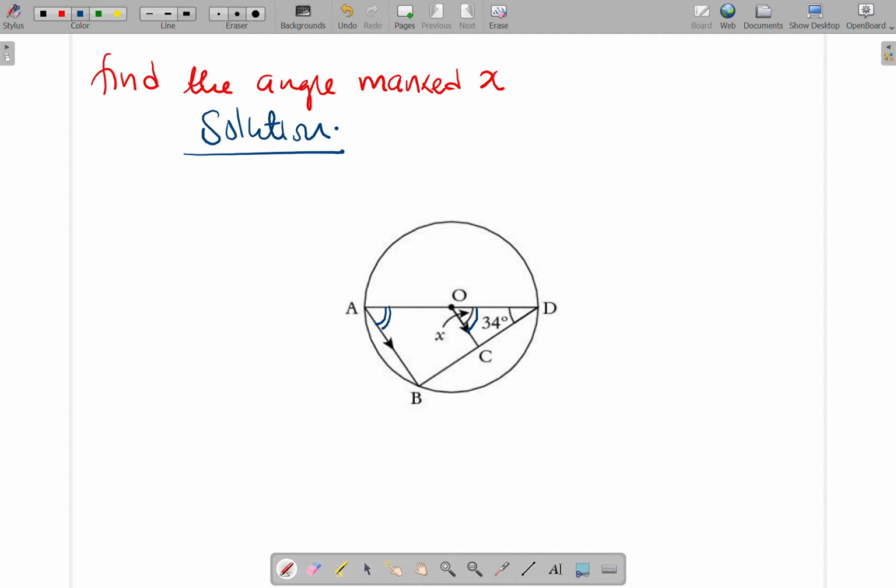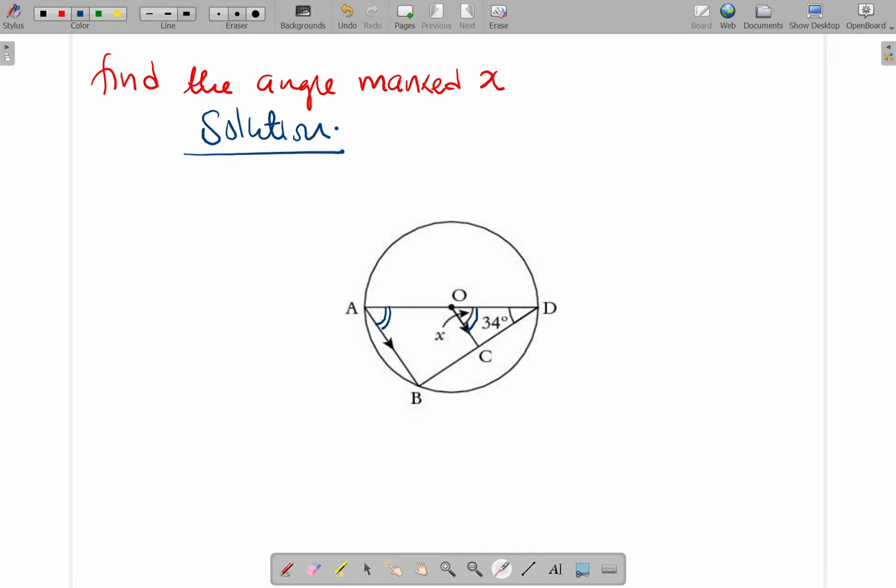Because these are corresponding angles, and I know from the previous video that if this is my diameter, this line here, which passes through the center of the circle and touches the circle at 2 points, at A and at D, this line is a diameter, meaning that it has divided this circle into two.